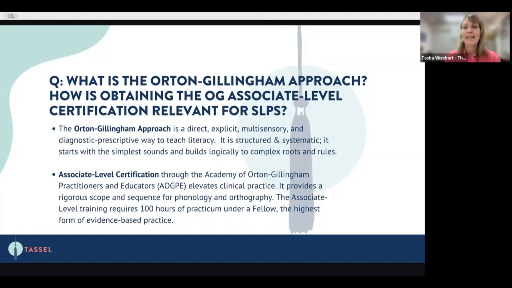For me as an SLP, that can be a little bit challenging, because I'm thinking, wow, I've been working with a student for so long and I haven't seen the progress I want to see, maybe with their acquisition of the R sound. But with Orton-Gillingham, you have that data and you can see the progress on paper a little easier.